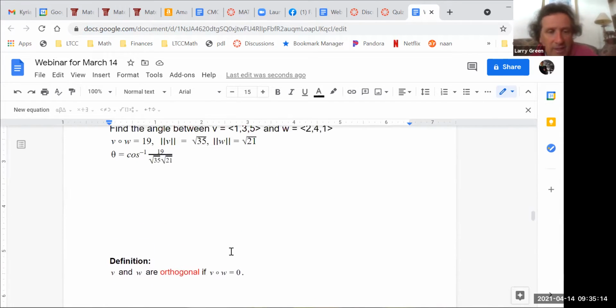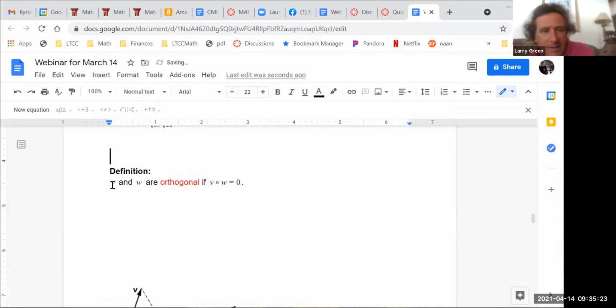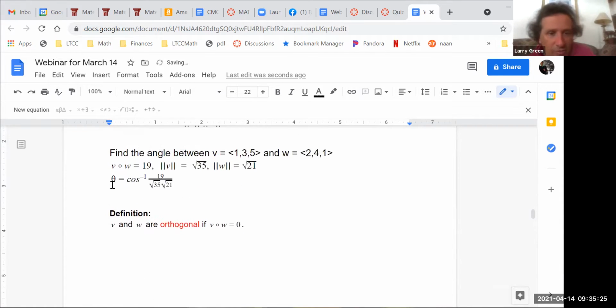Okay, now comes a really important definition. And that is that two vectors, v and w, are called orthogonal if v dot w equals 0.